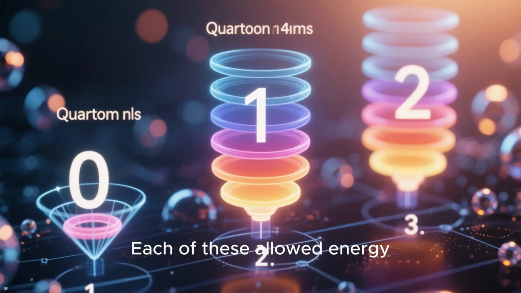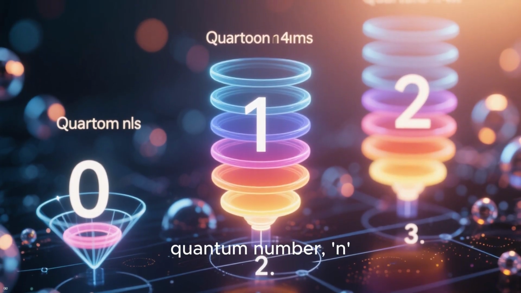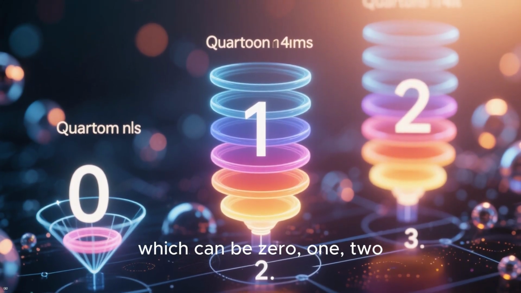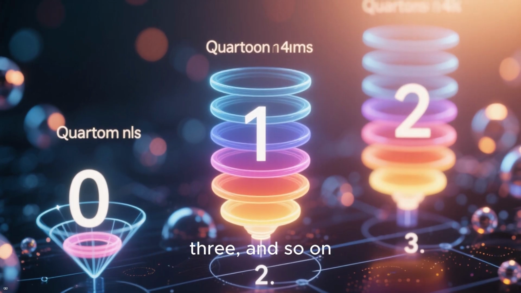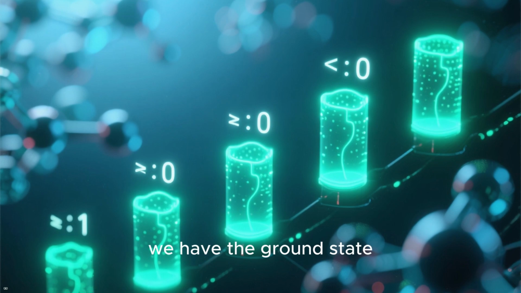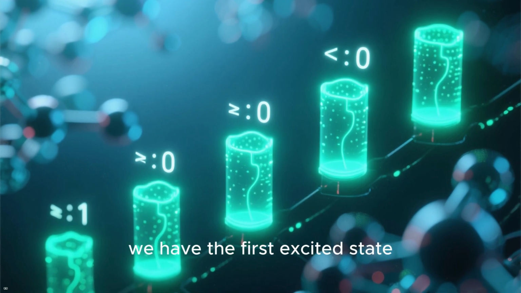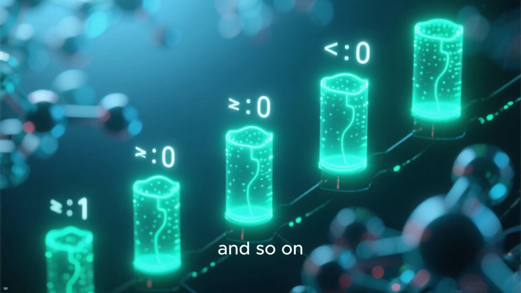Each of these allowed energy levels is labeled by a quantum number, n, which can be 0, 1, 2, 3, and so on. For n equals 0, we have the ground state. For n equals 1, we have the first excited state, and so on.